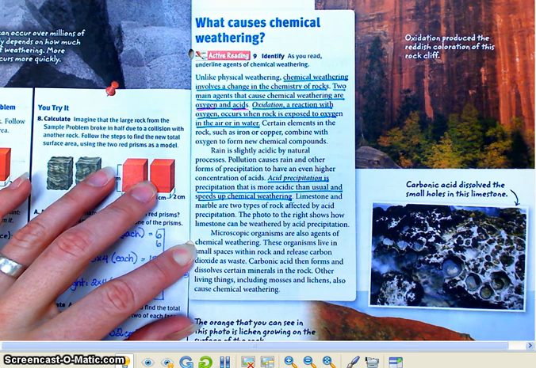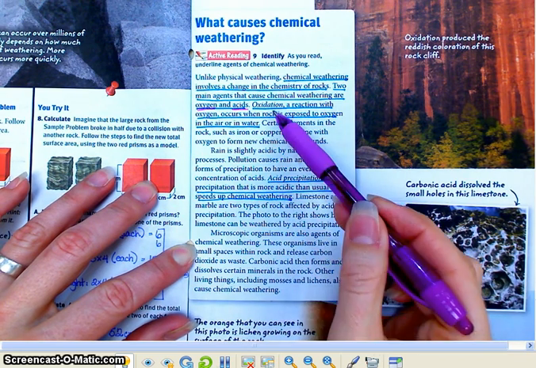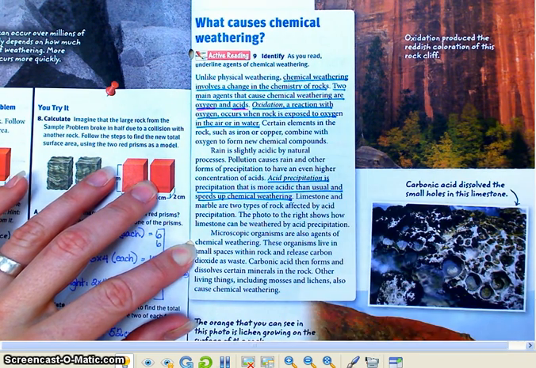We talked about water also, but it's typically the oxygen in the water that's reacting. Oxidation is a certain type of reaction where oxygen is combining with the rocks and forming new compounds.